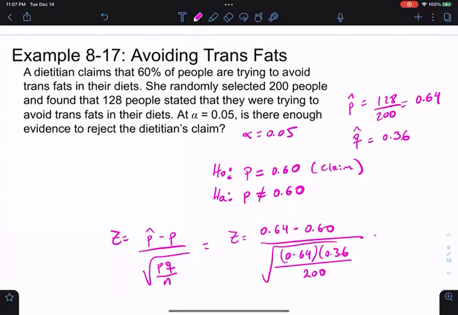And we need to compute this. So calculator. You should get 1.18.